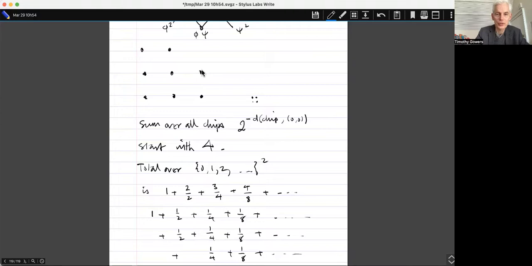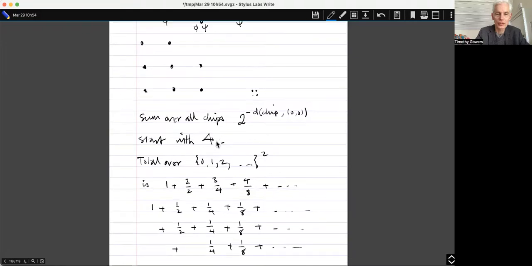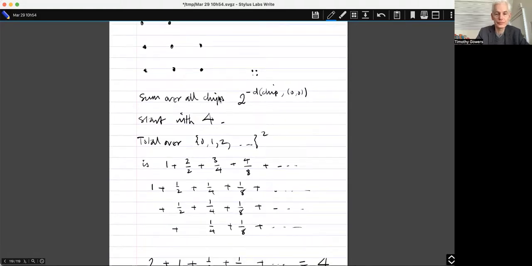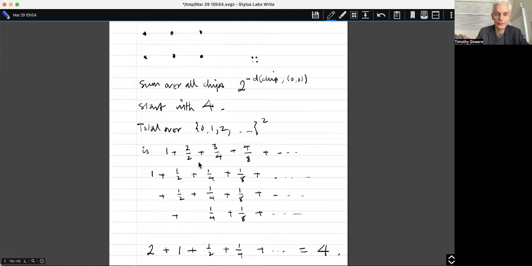So this, for example, has distance 1, 2, 3. So if you start with 4 chips all at 0, their distances are 0, so then you get an initial value of 4 for this invariant. And if you sum up the distances over all chips from 0, you get this quantity here.